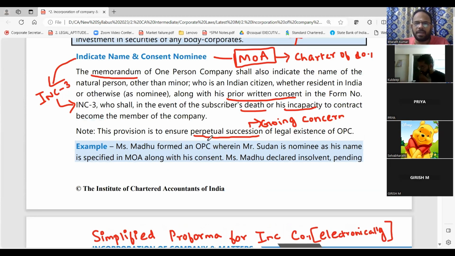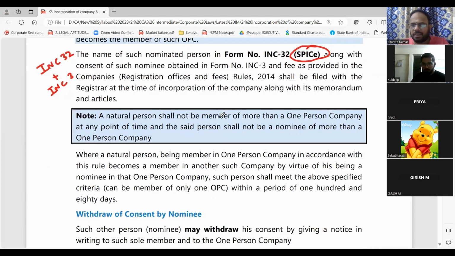Here we were talking about INC 3. Okay, here we are talking about INC 32 and INC 3. This point is very important, guys. Note: a natural person shall not be a member of more than one one-person company at one point of time.